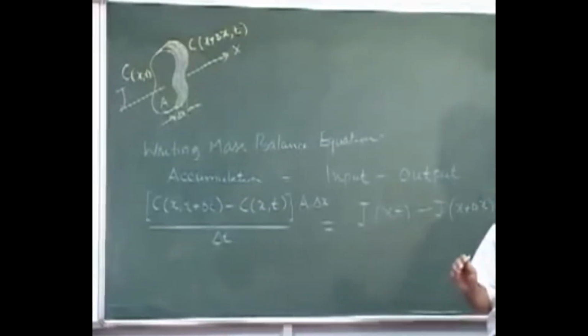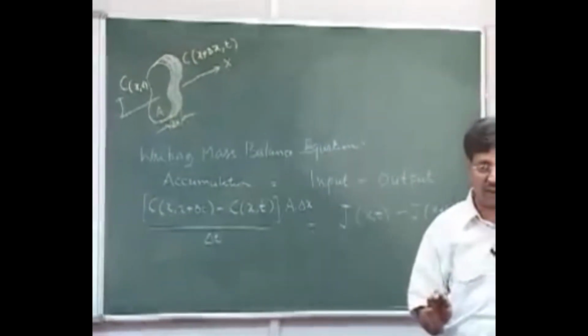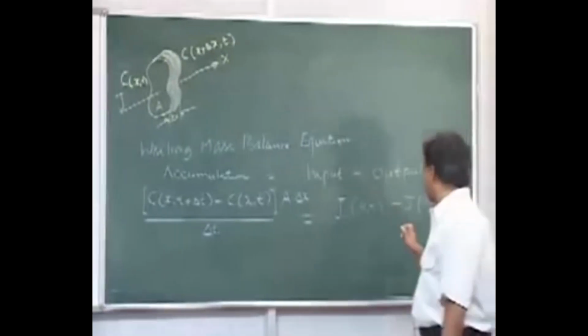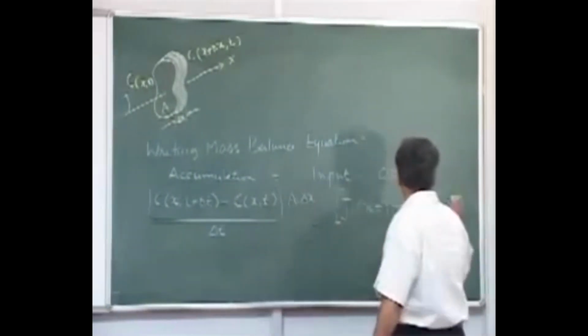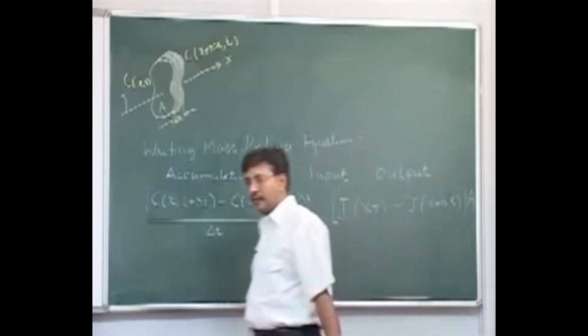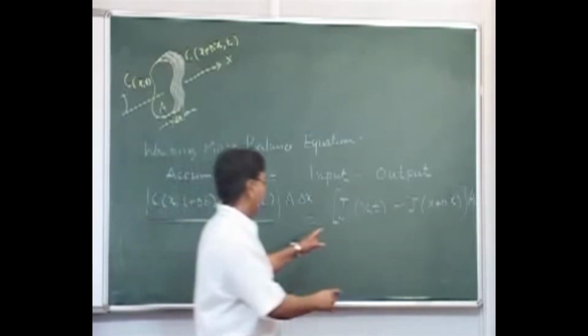Flux is mass per time per area, right? And what I want is mass per time. So I multiply by area here. See here if you agree with this. Is it all right? Well, we'll do it once again.